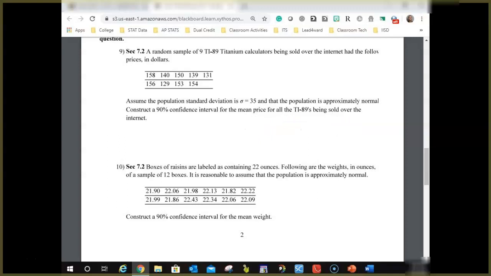So we know that the problem wants us to construct a confidence interval, and if we recall from chapter 7, a confidence interval is comprised of a point estimate plus or minus a margin of error. And when we looked at this, we wrote two different types of confidence intervals.